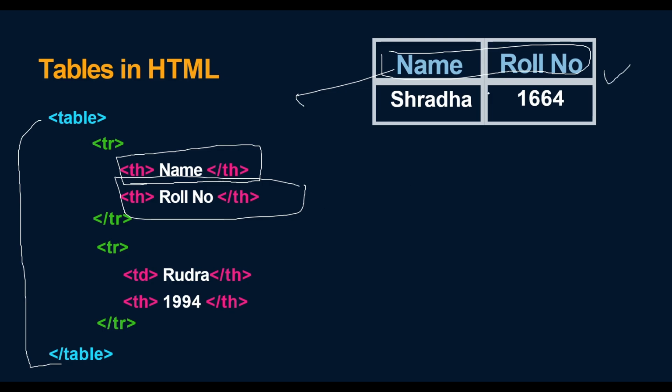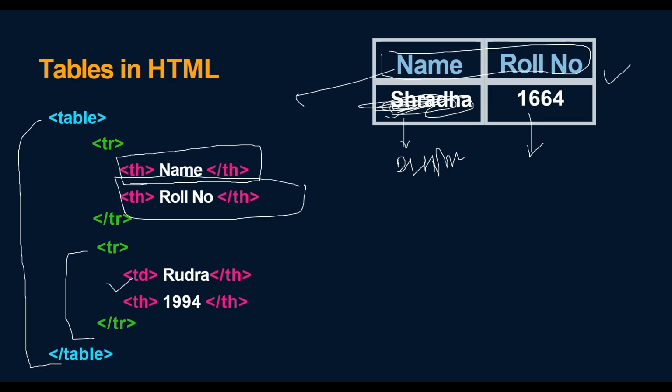Then I want to create another table row. Inside the row I pass td, table data, with name as Rudra, and Rudra will come here. Here my date of birth will be displayed.